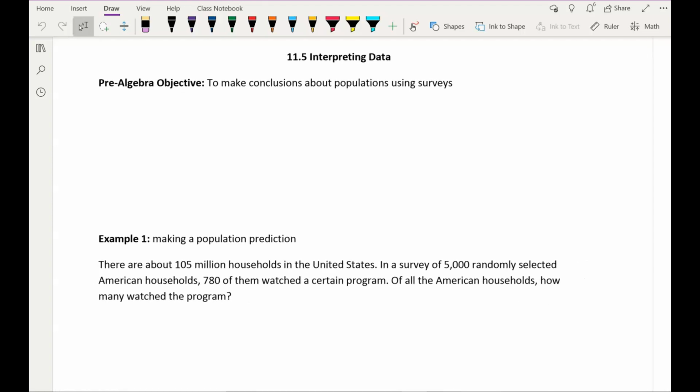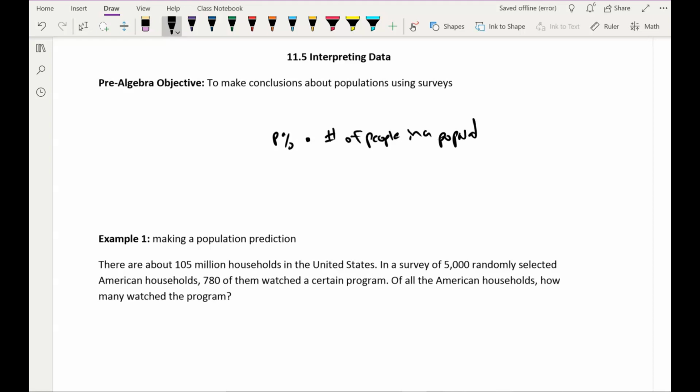So just to repeat, to make a prediction about a population, if you have some percentage of a sample, you can make a prediction by taking that percentage and multiplying it by the number of, well, whatever you want to find, the number of people in a population, for example.